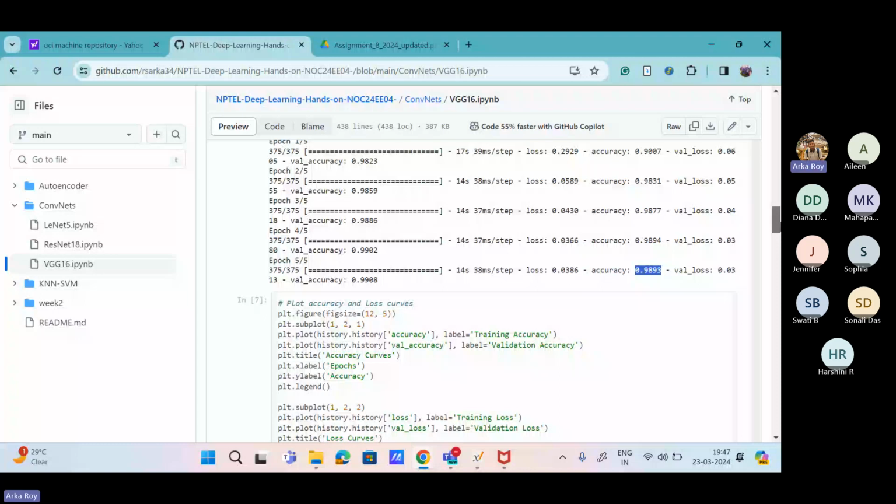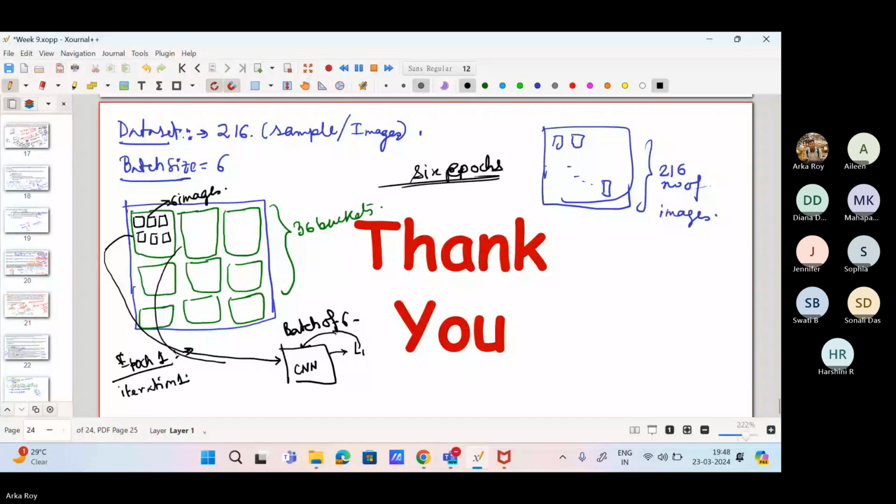So in an epoch, there is a thing called iteration. Under epoch 1, iteration 1, you will feed this first batch. Then you calculate the loss and update the weights. Then, under epoch 1 itself, you come for iteration 2.